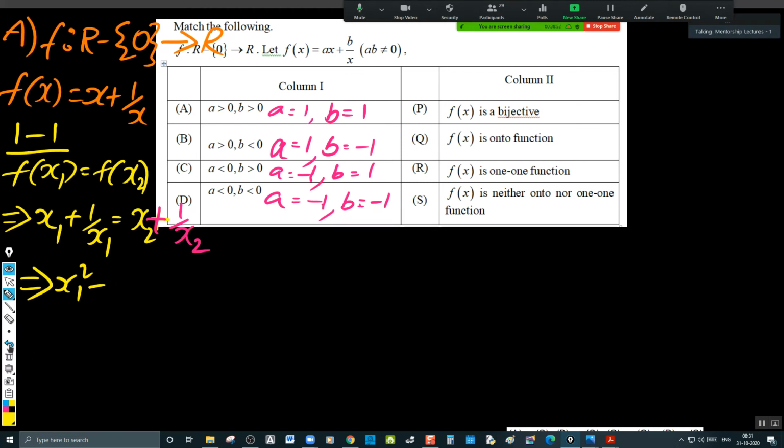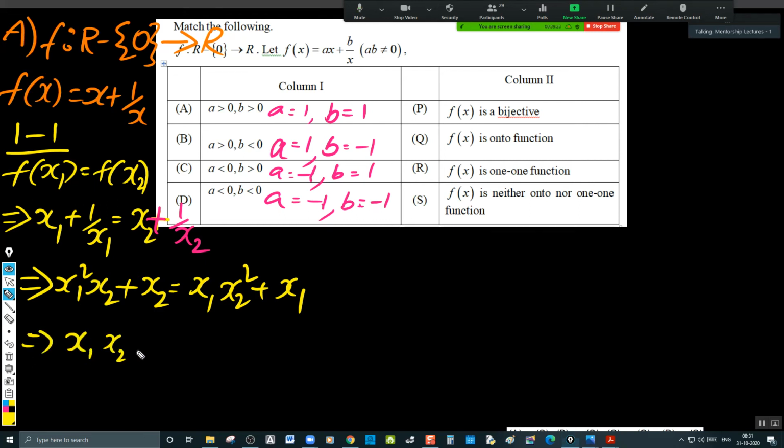I'm writing the direct step so that you can understand that it's not a difficult simplification. x1 x2 square plus x1 means you are getting x1 x2 minus 1. x1 x2 common, x1 minus x2, plus x2 minus x1, minus 1 into x1 minus x2 is equal to 0.